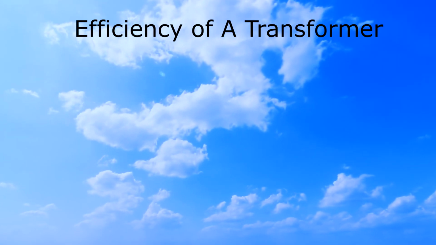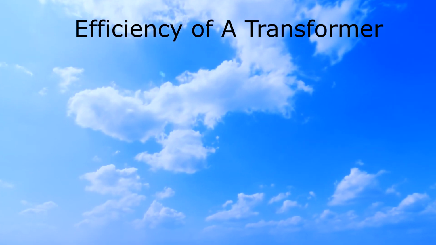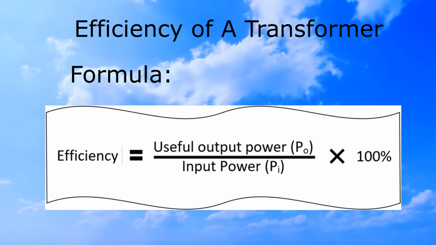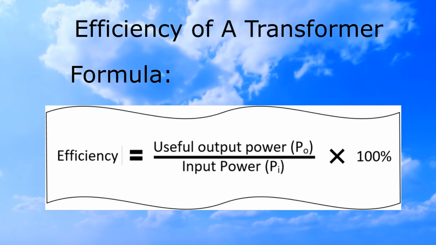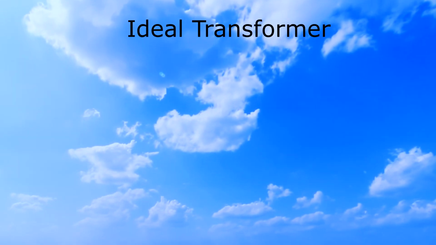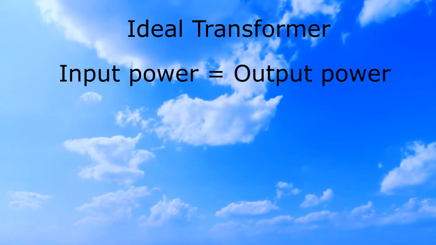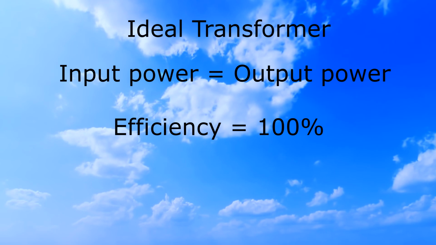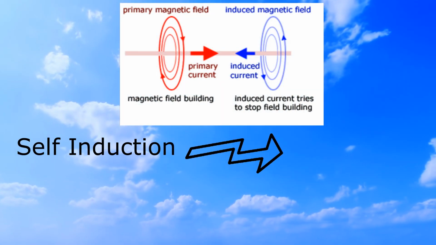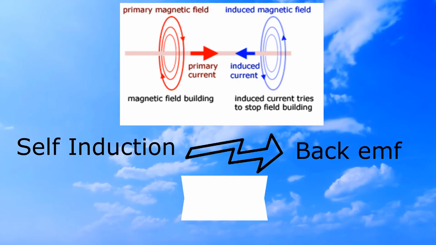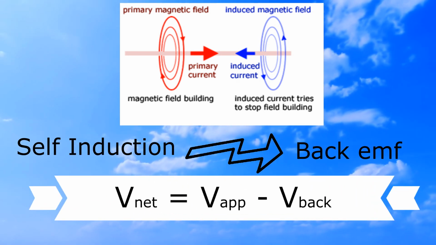After that, we went through the efficiency of a transformer and looked at the method of calculating it using the formula P_O over P_I multiplied by 100%. Following that, we saw what an ideal transformer is and learned that it has an efficiency of 100%. And then we looked at how self-induction in a coil causes back EMF and how back EMF reduces the net voltage in a circuit.